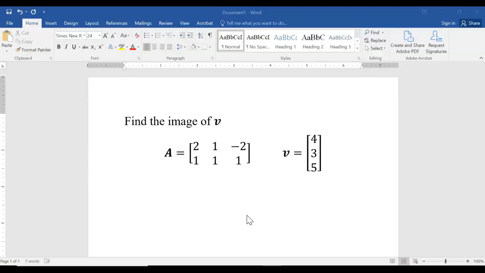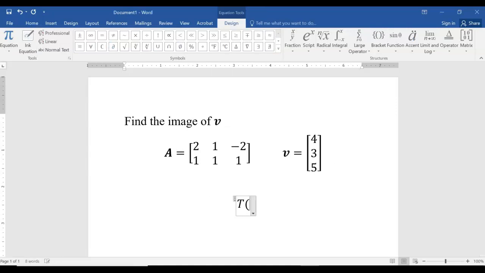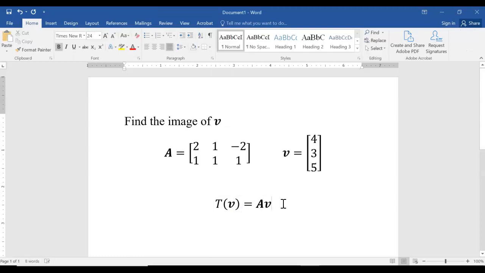What's happening here is that if we find the image of V under the transformation, what it's actually asking us to do is find T of V, which we know is what you get when you multiply matrix A times vector V. So all we need to do to find the image of V is multiply matrix A times vector V. And that will be the image.